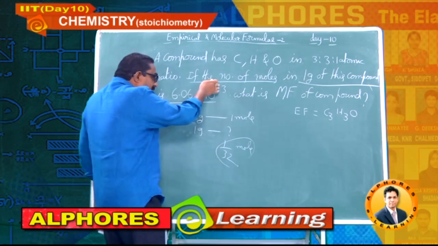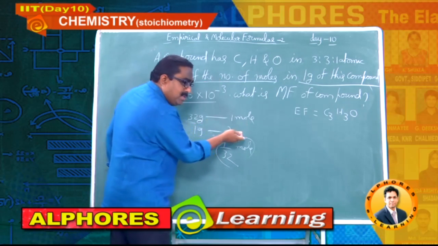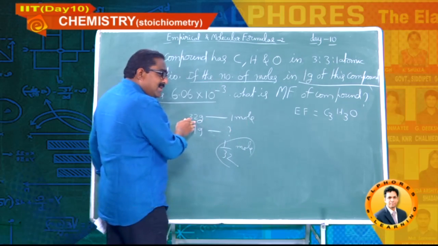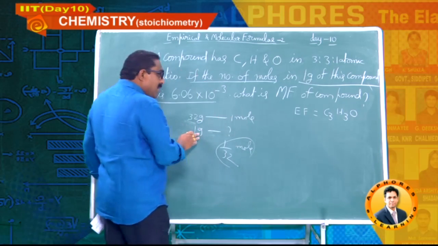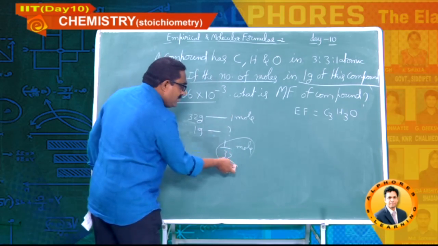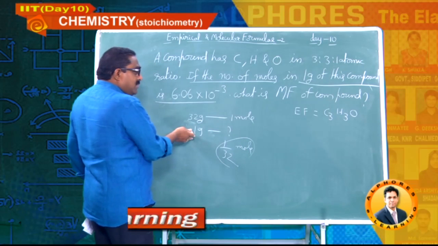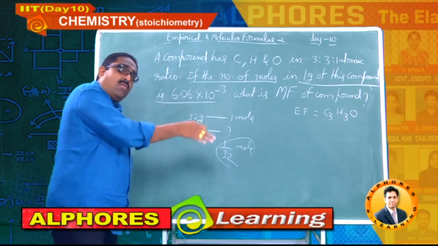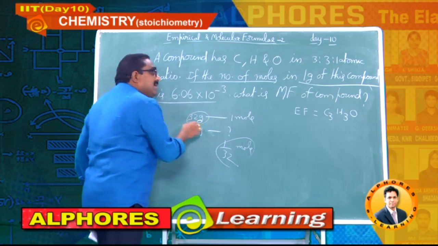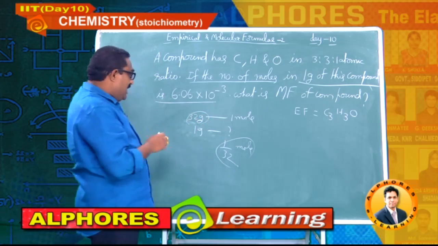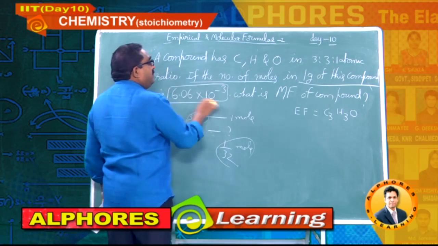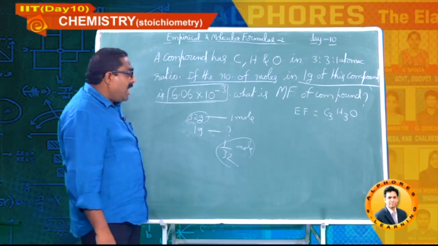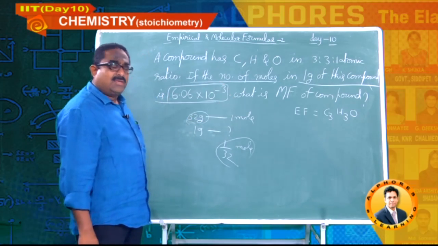To understand this, I have given this example to you, students. 32 grams, 1 mole. 1 gram, 1 by 32 moles. So 1 mole molar mass means the reciprocal of 1 by 32, it becomes 32. Is it right or not? So that's why the reciprocal of this is nothing but the gram molar mass here.